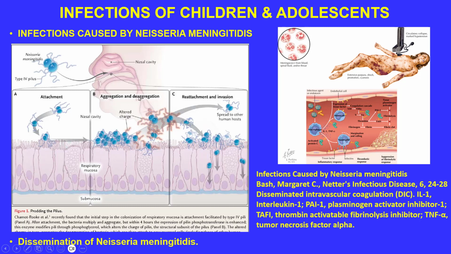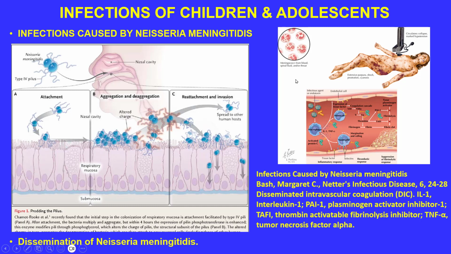So it's aggregation, deaggregation, reattachment, and invasion. Now, part of this is because you have some of the detachment, it's spread to other human hosts. A sneeze, for example, or a cough.